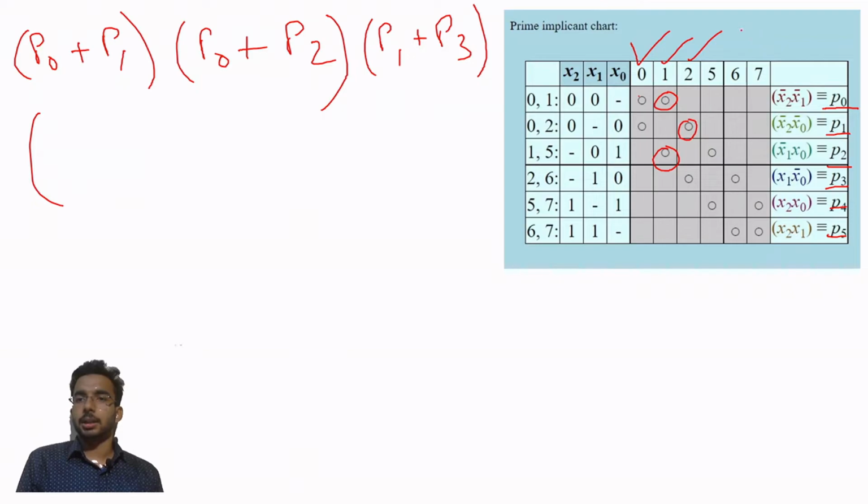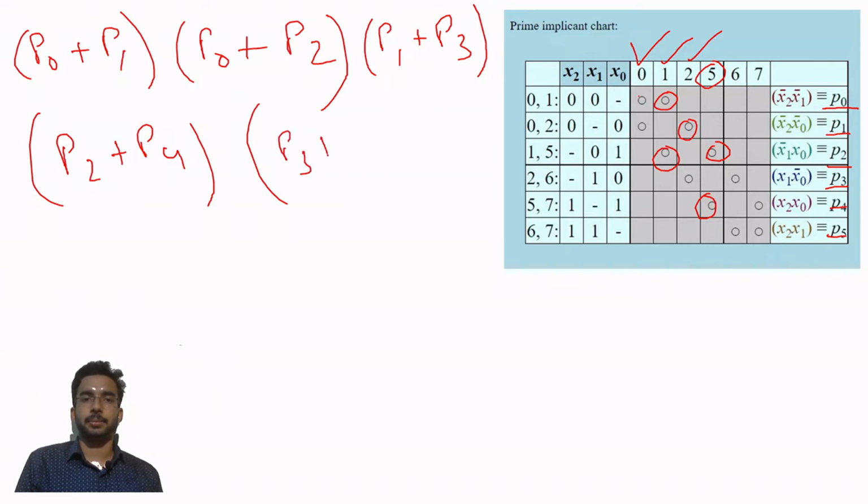After that, 5 is covered by P2 and P4. After that, 6 is covered by P3 and P5. After that, 7 is covered by P4 and P5.